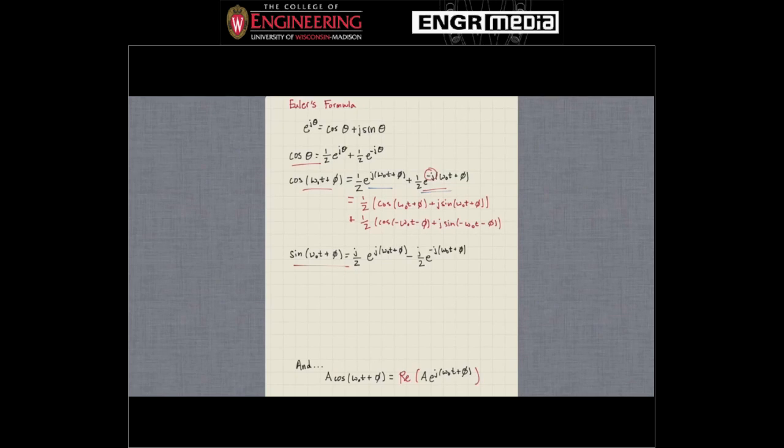Okay? And if you remember, the cosine function is even. So if we have the cosine of minus theta, that's equal to cosine of plus theta. So these first terms here and here are actually equal to each other, right? So we can just switch this and make that a plus.